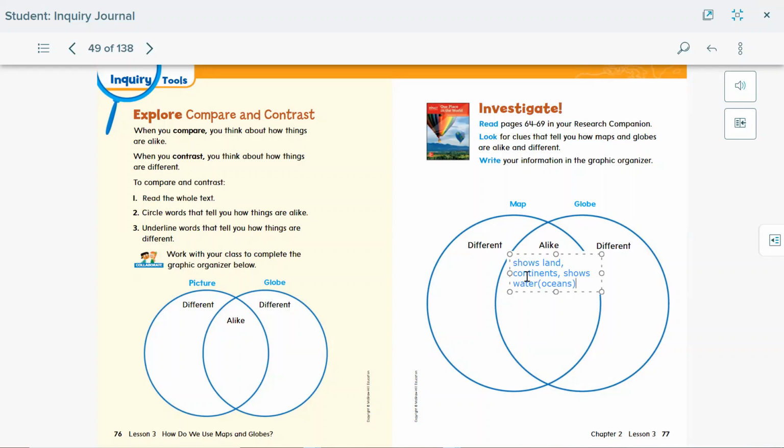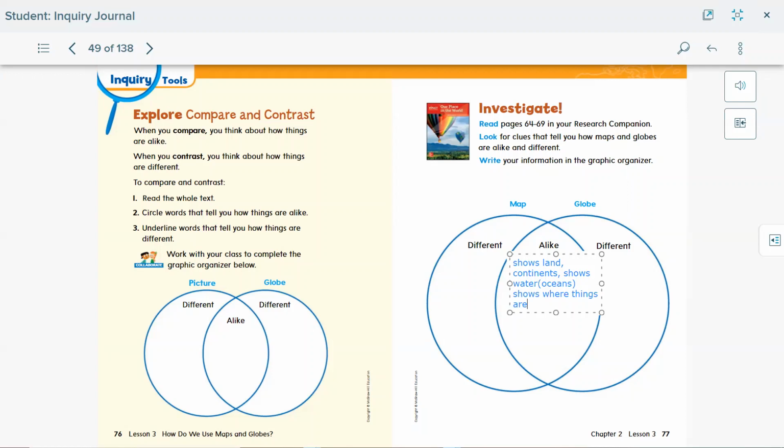And also for both maps and globe, it shows where things are. So for both globe and maps, we can find land, we can find continents, we can find oceans, and also we can find different places.